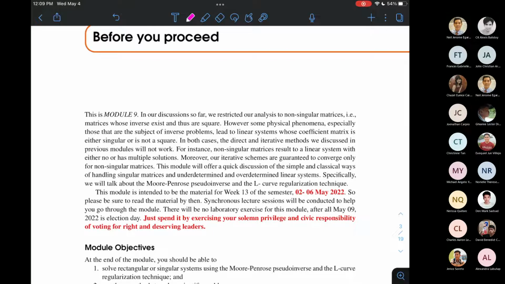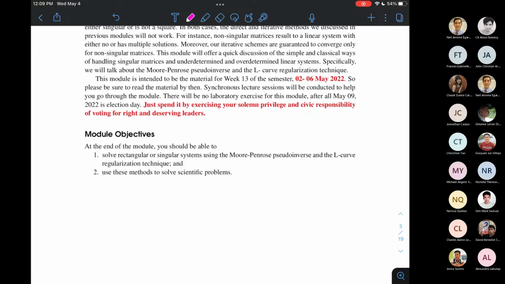Okay, so for this module, I'll just share to you some of my concluding thoughts about solving linear systems. Because basically the methods that we talk about, those are direct methods, which are the factorization methods. We have the LU factorization, kahit yung usual Gauss-Jordan, they work for special kind of matrices.